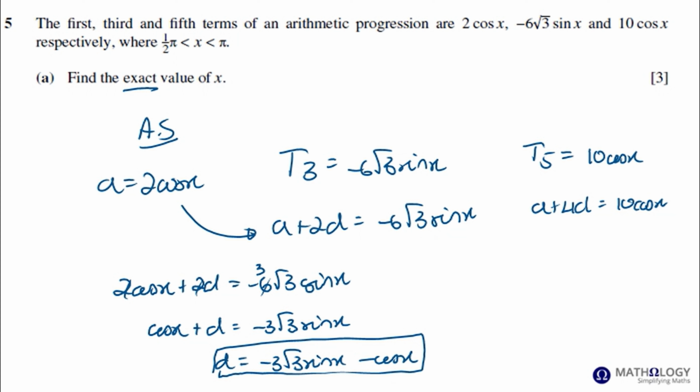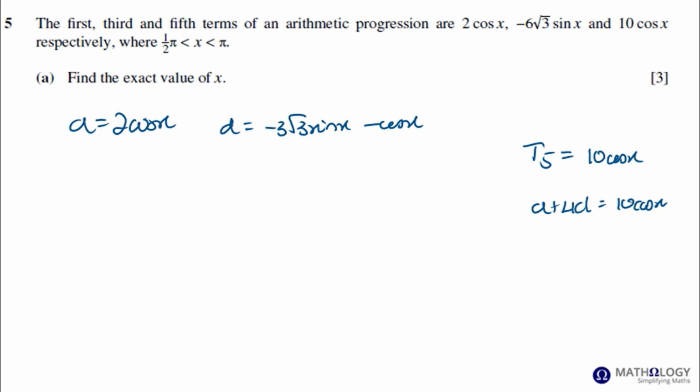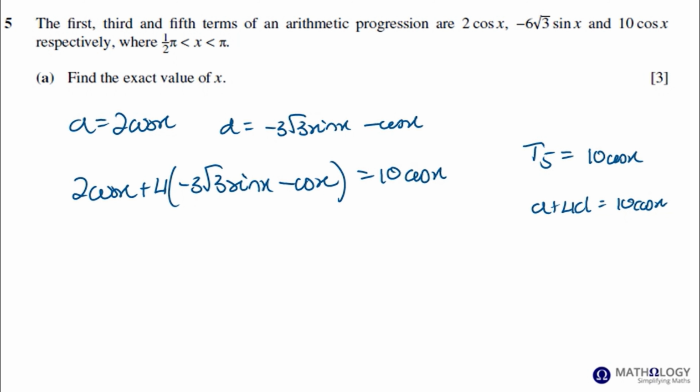We can now substitute a and d into this expression. 2 cos x plus 4 times (minus 3 root 3 sin x minus cos x) equals 10 cos x.